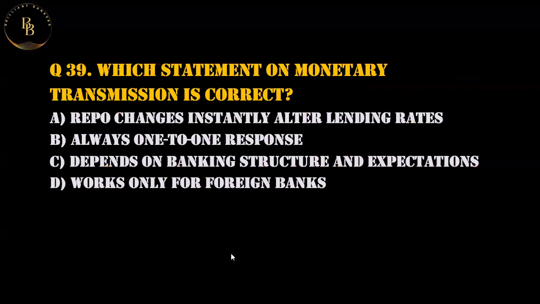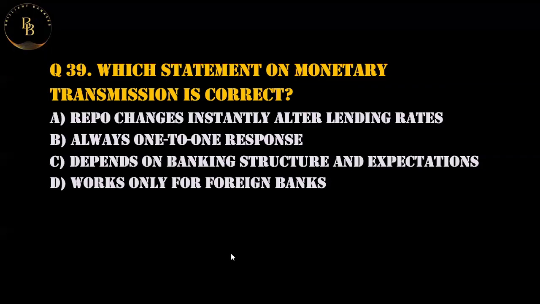Coming to question number 39. Which statement on monetary transmission is correct? Repo changes instantly and alter the lending rates, always one-to-one response, depends on the banking structure and expectations, or works only for foreign banks.